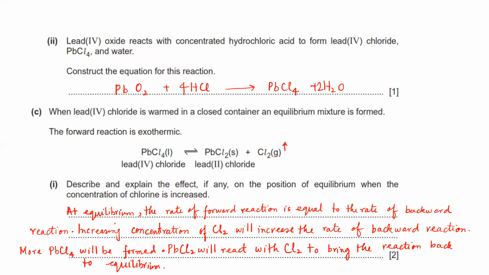So basically, if you increase the concentration of chlorine or any constituent at the equilibrium, the equilibrium will shift and the reaction, either forward or backward, will proceed until it reaches another equilibrium. Okay, so this will happen over here as well. Increasing the concentration of chlorine will increase the rate of backward reaction, and that backward reaction will carry on until another equilibrium is reached between the chlorine and PbCl2 reacting with each other.